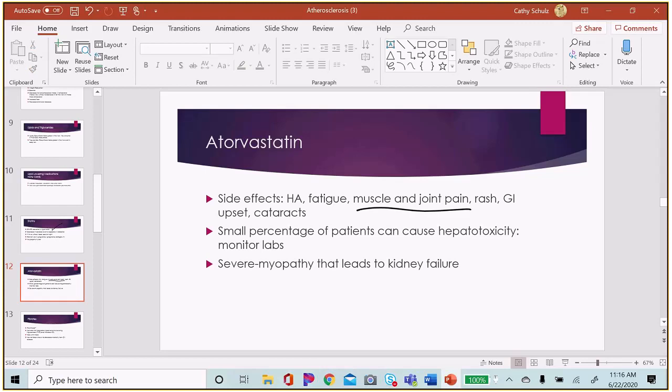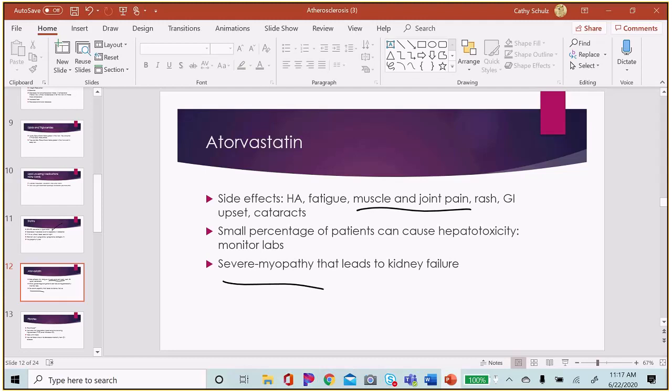Not to be confused with one of the very bad adverse effects of atorvastatin, which is myopathy. Myopathy is breakdown of the muscles themselves. That breakdown of muscle actually leads to kidney failure, a kind of kidney failure called rhabdomyolysis.